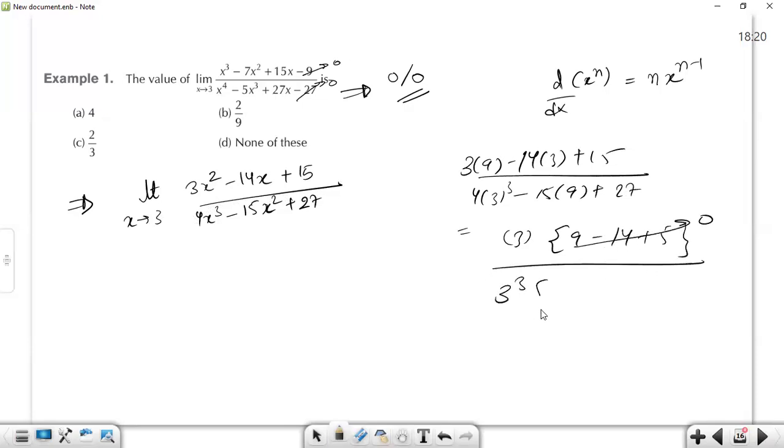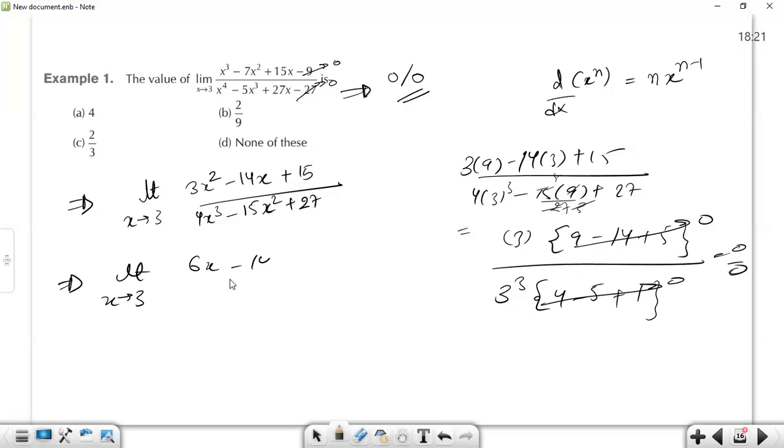Taking 3 cube from the denominator, it's coming out to be 0 again. So it is again 0 by 0 form. So we can once more apply the L'Hospital rule and differentiate both the numerator and the denominator, right?